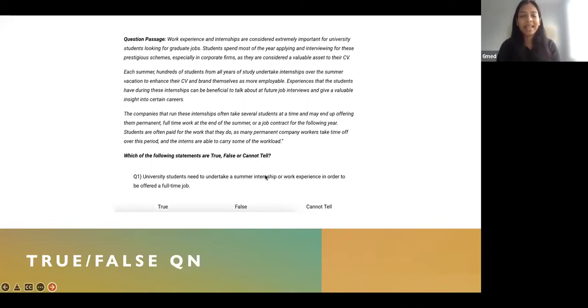But does anyone have any idea of how to approach this question? What do you think you would start by doing? If you could type it in the chat. Cool. A few people. Someone said scan the text for keywords.